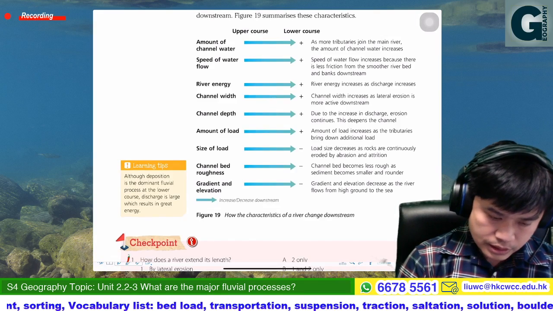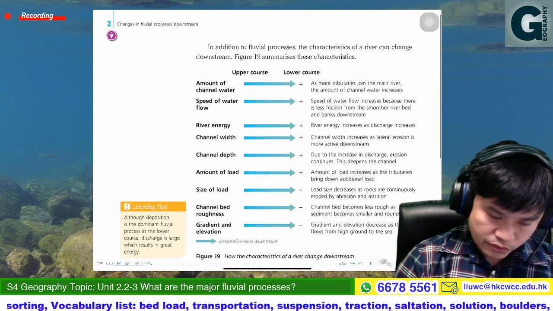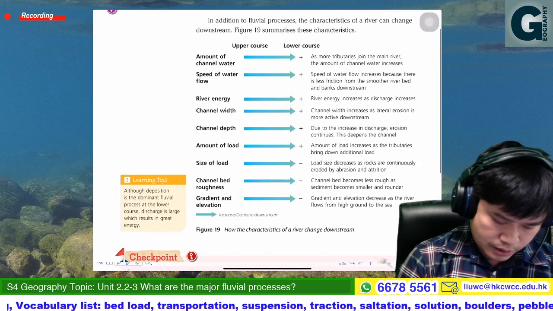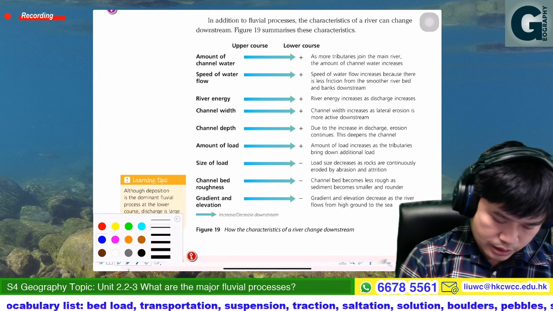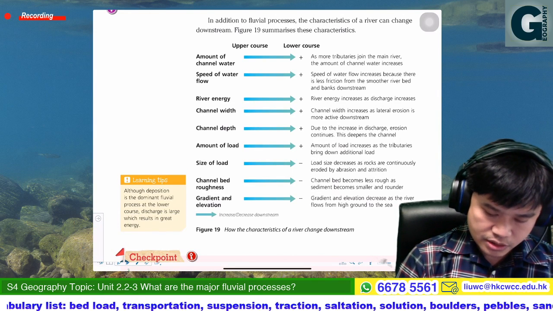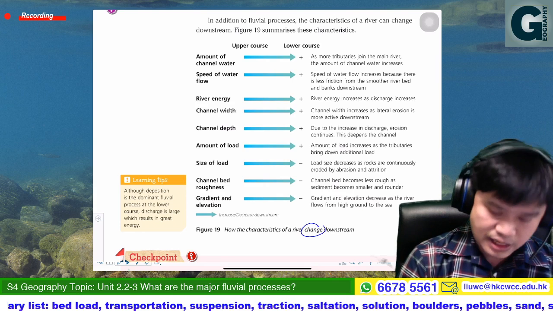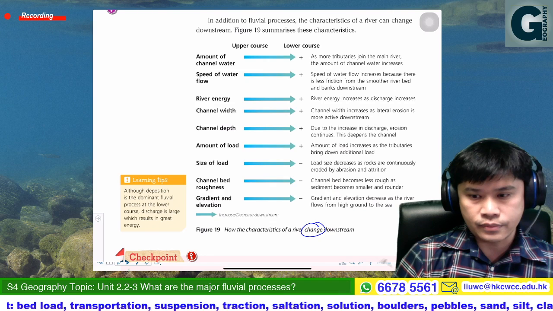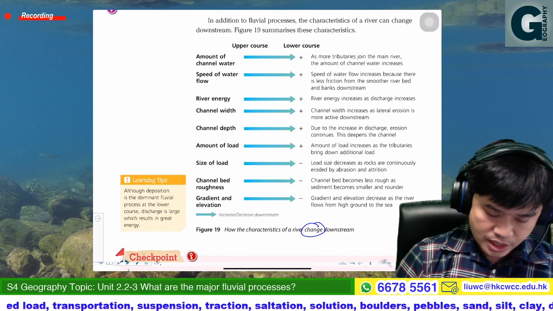Okay, and then at last, figure 19 mentions how the characteristics of a river change downstream. Again, table 4 is a comparison, a summary table.